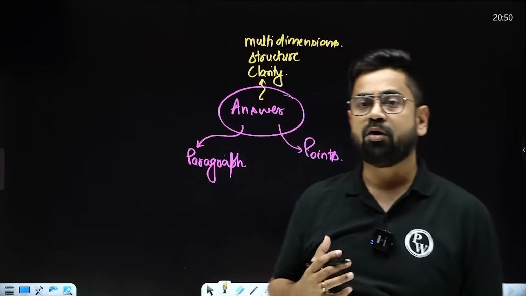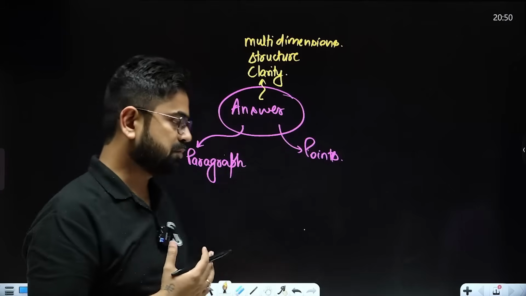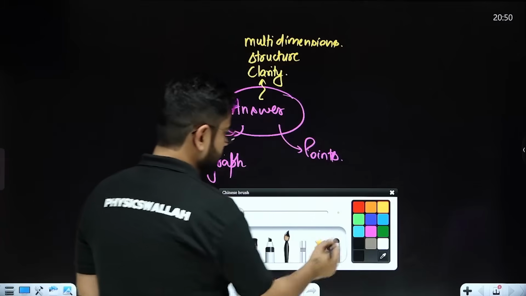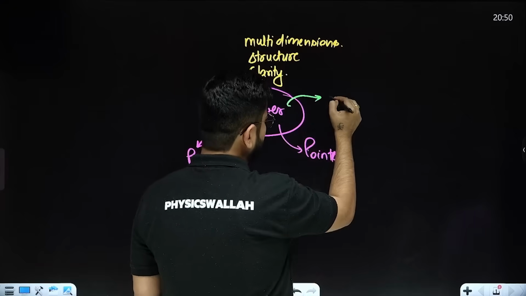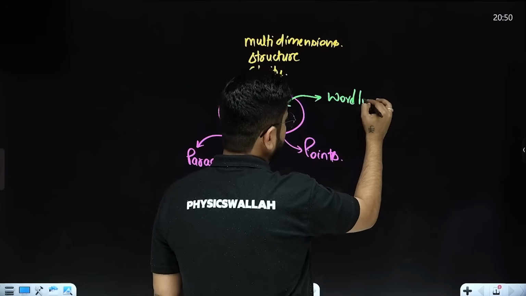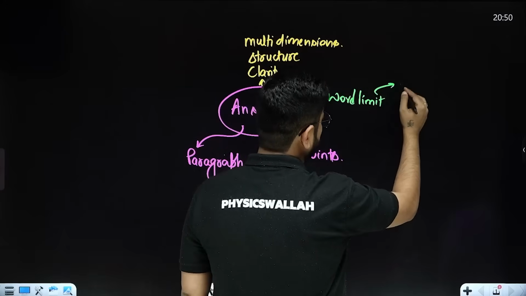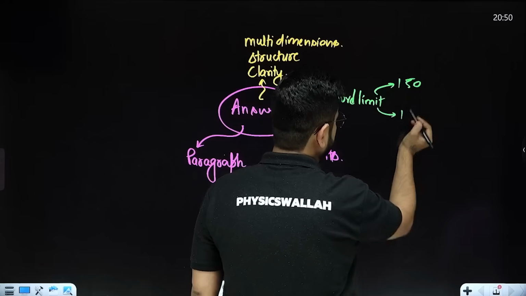But what is the better way? Before we get into the paragraph and pointer discussion, we must also understand that UPSC answer writing comes with one more thing, that is the word limit. Either you are supposed to write in 150 words or in general 250 words.